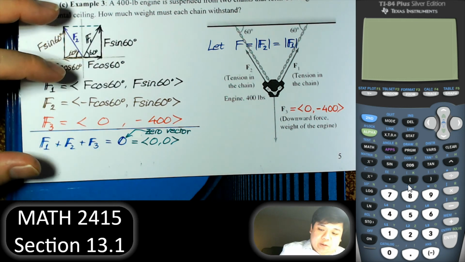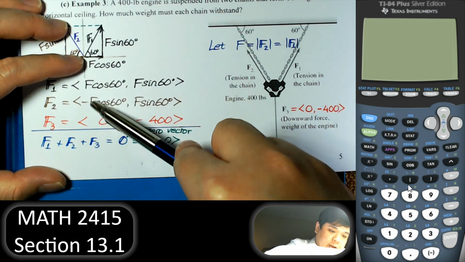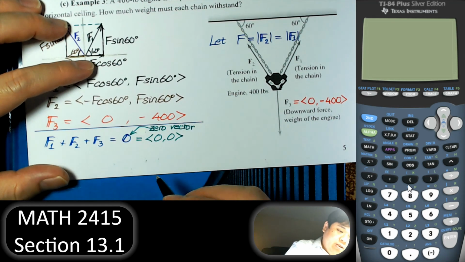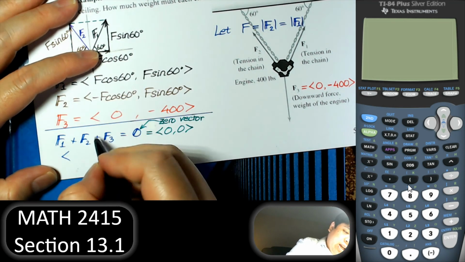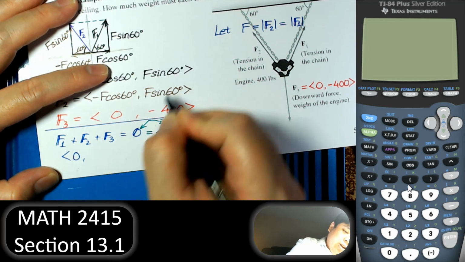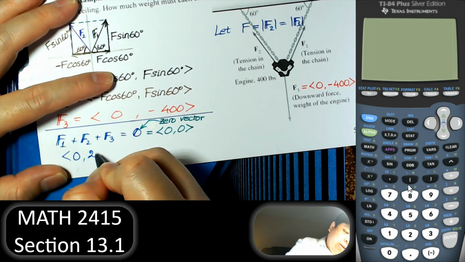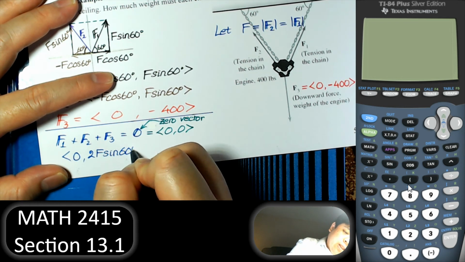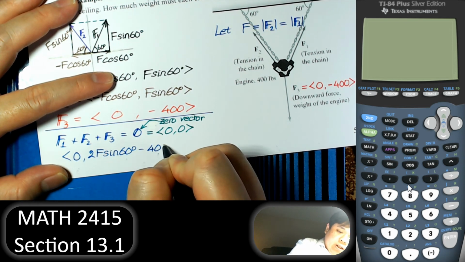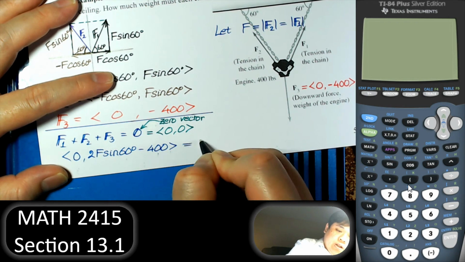Right, so when we add all this up, adding the first components, we have 0 on the left hand side. On the right hand side we have 2F sine 60 degrees minus 400 equal to 0, 0.